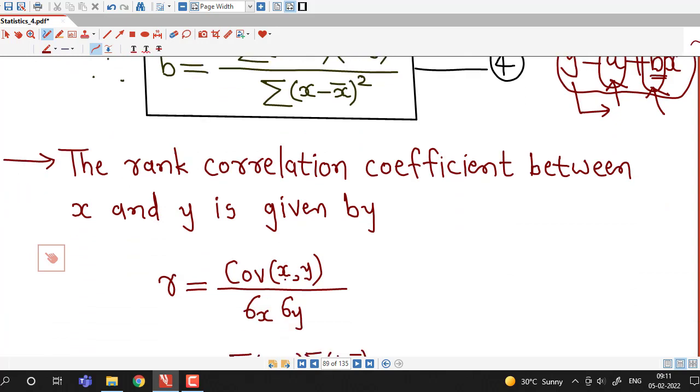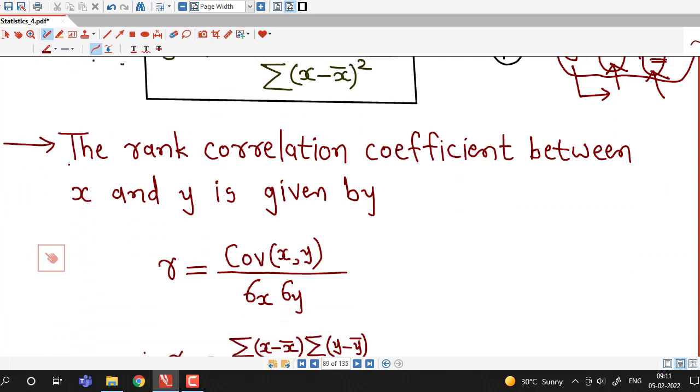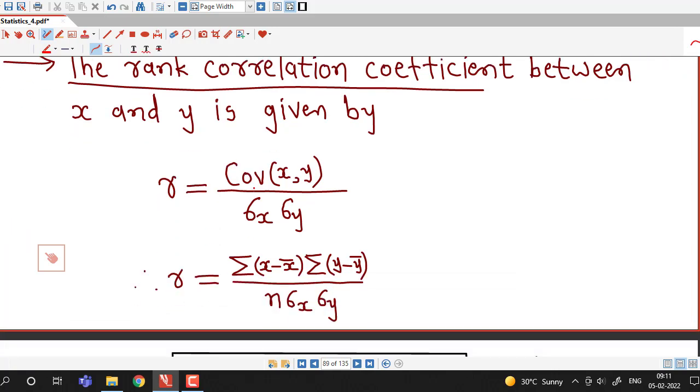Now we require this definition again. We recall that the correlation coefficient between two variables x and y is given by r equals covariance between x and y divided by standard deviation of x times standard deviation of y. The formula for covariance between x and y is sigma x minus x bar times y minus y bar divided by n.